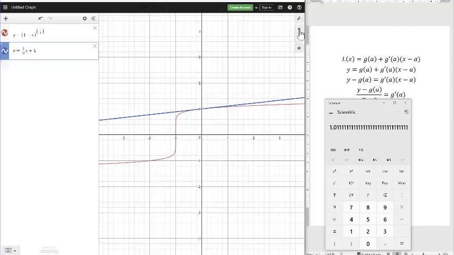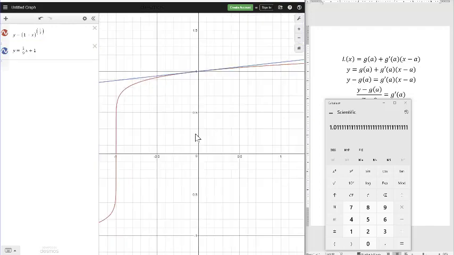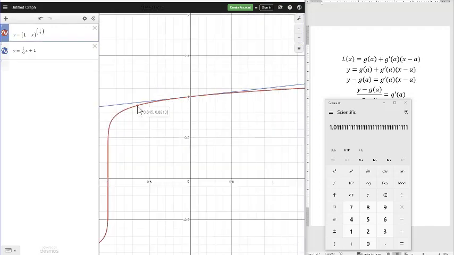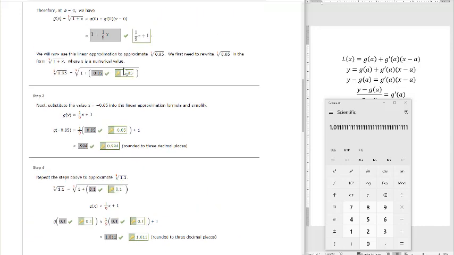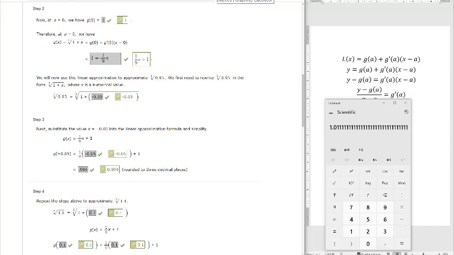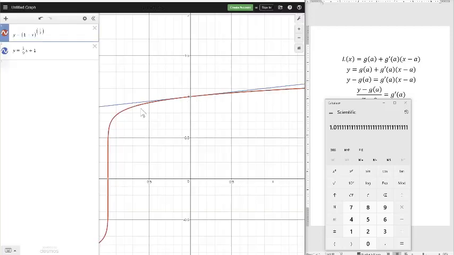If we zoom in, what we found here is from this graph at point, what did we do? The first one we approximated was when x is equal to negative 0.05.